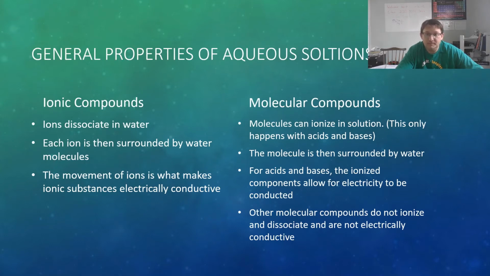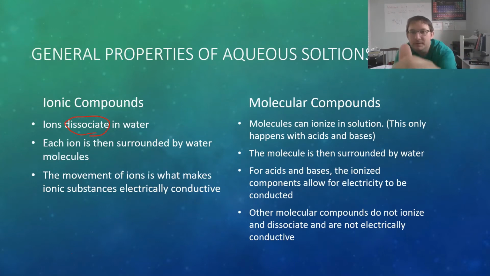Molecular compounds can ionize into solution, sometimes 100%, sometimes only partially. Other molecular compounds are not going to ionize in solution. And so it's actually a different term that we use here. Notice for ionic compounds, notice the use of the word dissociate. You can think about this as the ions, when they're dissolving, they are ceasing to associate with one another. They're already ions, they're just dissociating.